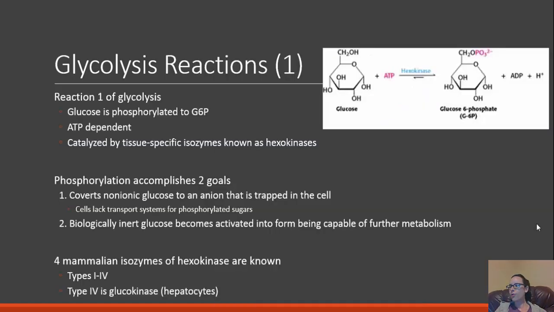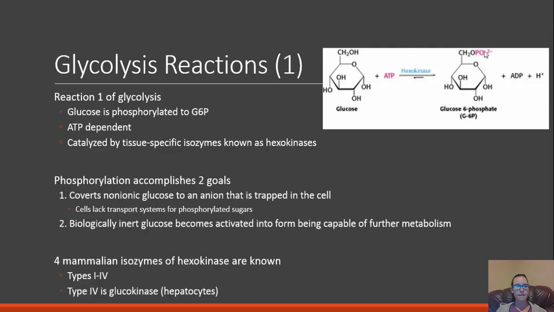Okay, so I'm going to go through the glycolysis reactions. Reaction 1 of glycolysis is the stage where glucose is phosphorylated. So we actually have an investment of ATP ending in ADP, and it's phosphorylated to G6P.